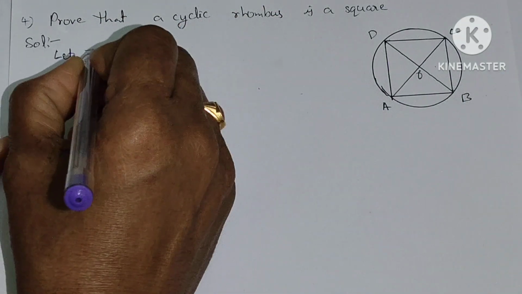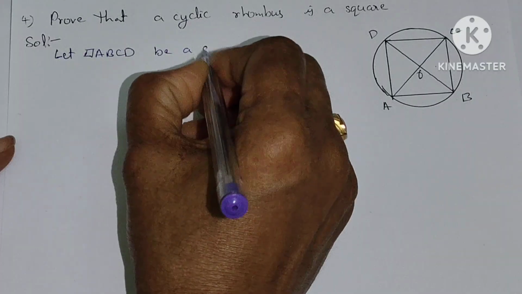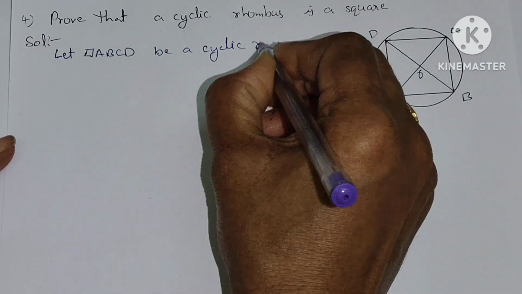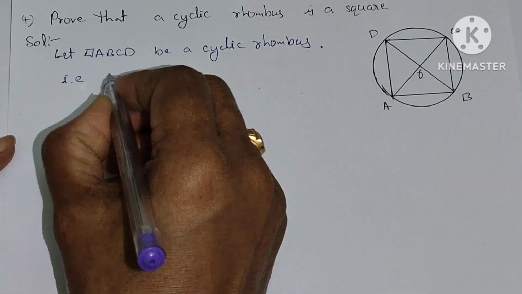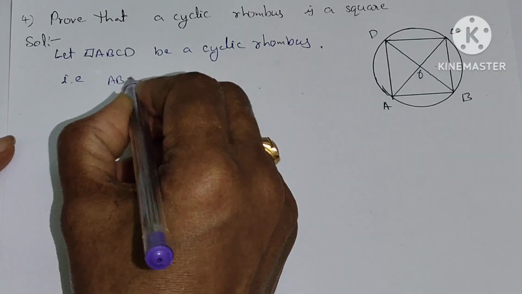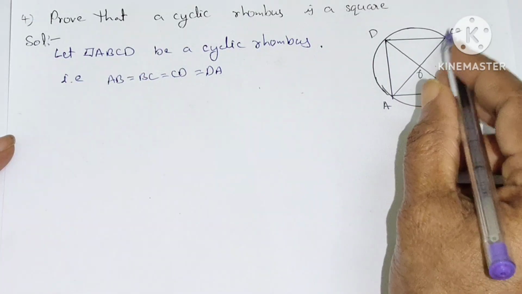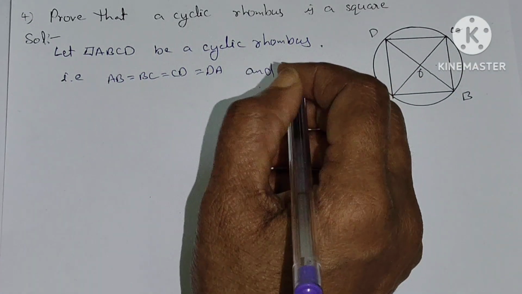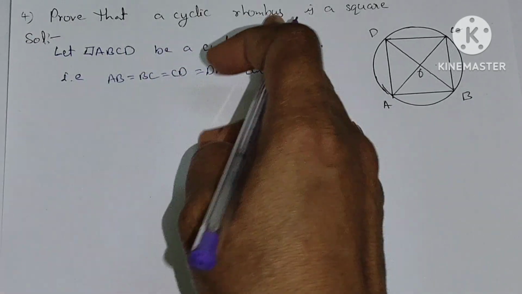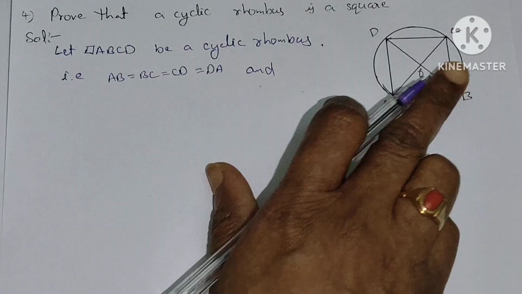Let ABCD be a cyclic rhombus. That implies that in a rhombus, four sides are equal: AB equals BC equals CD equals DA. Next, the four angles. For a cyclic rhombus, the sum of opposite angles is equal to 180.